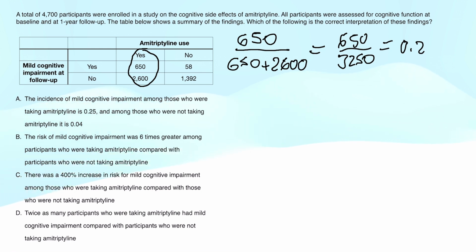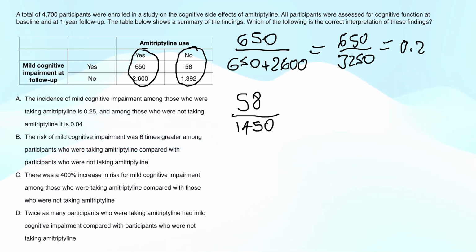And in that case, it would be 58 divided by, again, 58 plus 1,392. That would be 1,450. This would give us 0.04 or 4%.